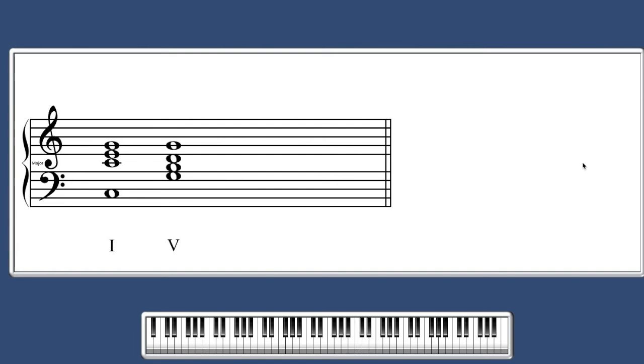If we only ever do perfect cadences, it's going to sound like short sentences with full stops over and over and over again. So just as we do with our English writing, we wouldn't write like, I went to the shop, I bought a pie, the pie was hot, I blew on the pie, I ate the pie, I got more money, and went and bought another pie. Right? It gets really, really repetitive.